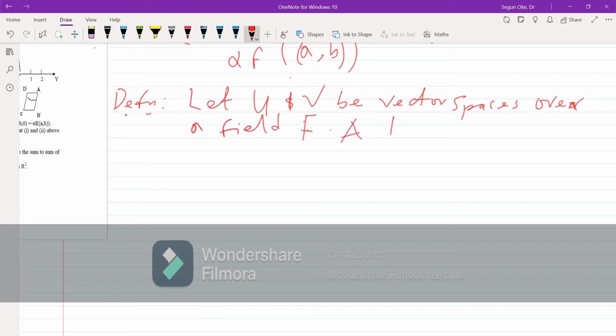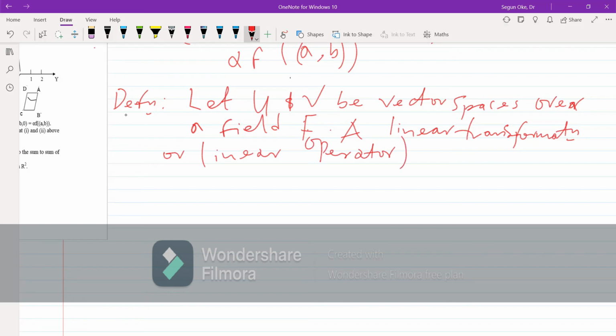Then a linear transformation, or linear operator, from U to V is a function.